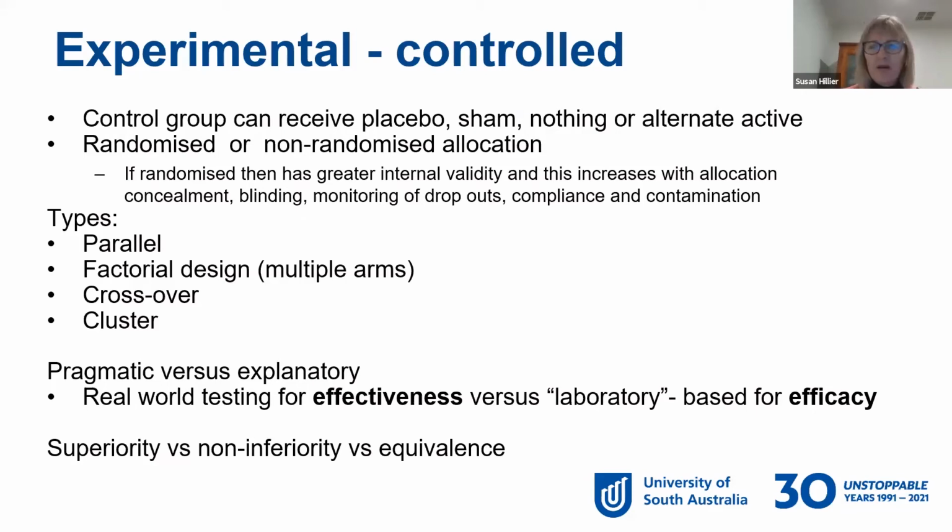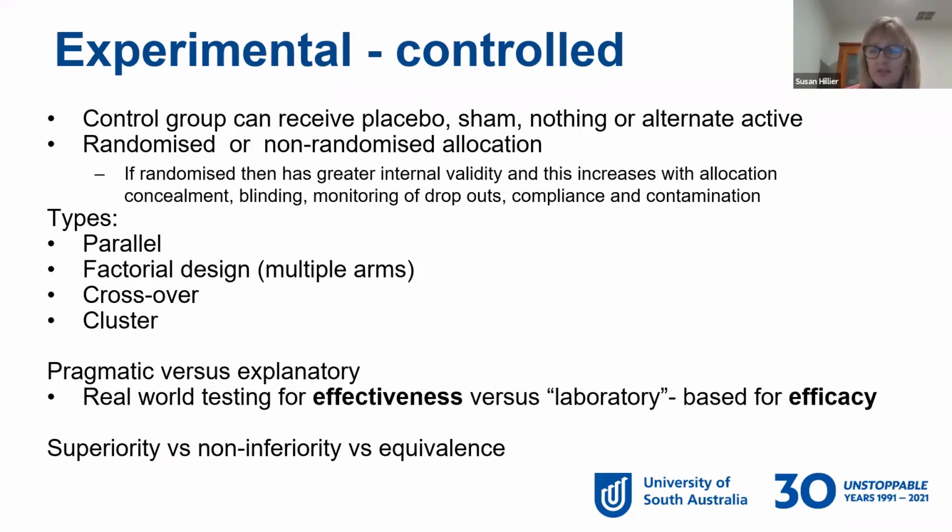So we may randomise an institution or a service to receive an intervention and another service to not receive the intervention, and we compare those two populations. So the unit of analysis is not at the individual level, the unit of analysis is at the institutional or the group level. This requires a different kind of analysis and accounting for that clustering.